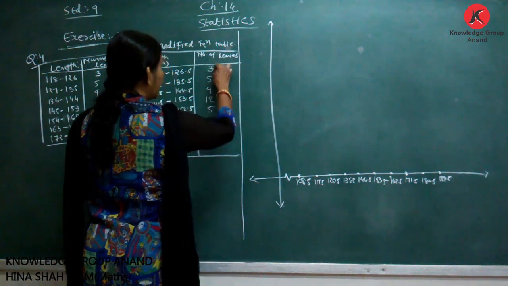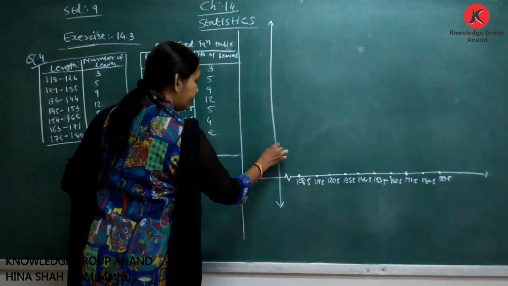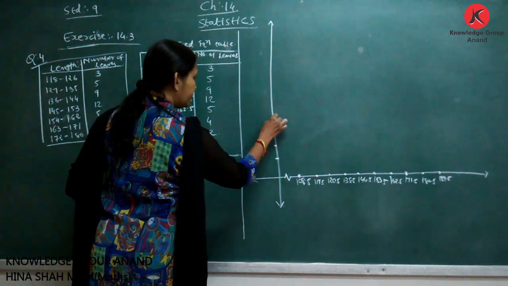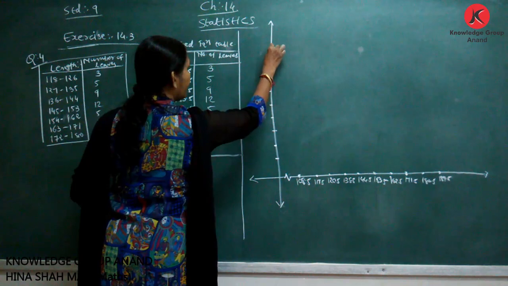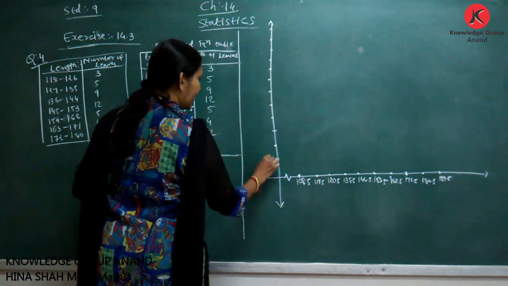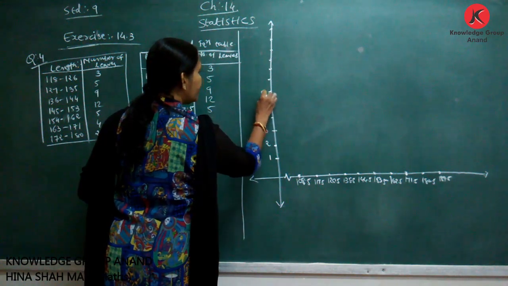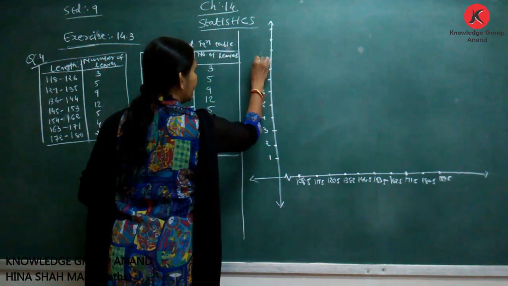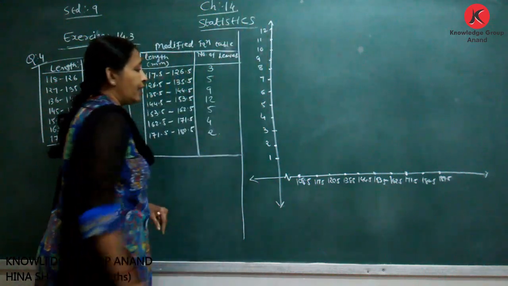Then here the frequencies 3, 5, 9, 12, 5, 4, 2. We write on the other axis 1, 2, 3, 4, 5, 6, 7, 8, 9, 10, 11, 12, 13.